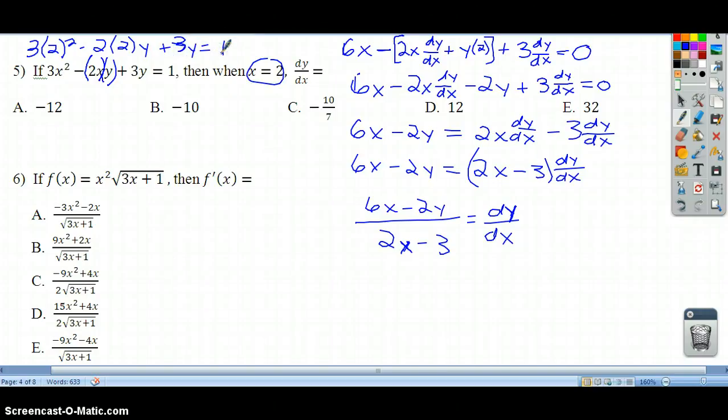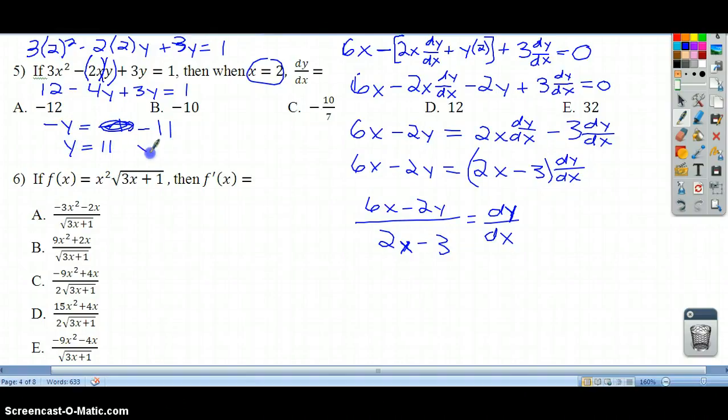Alright, so 2 squared is 4 times 3 is 12 minus 4y plus 3y equals 1. I get negative y equals negative 12, or I'm sorry, equals negative 11. So then y equals 11.